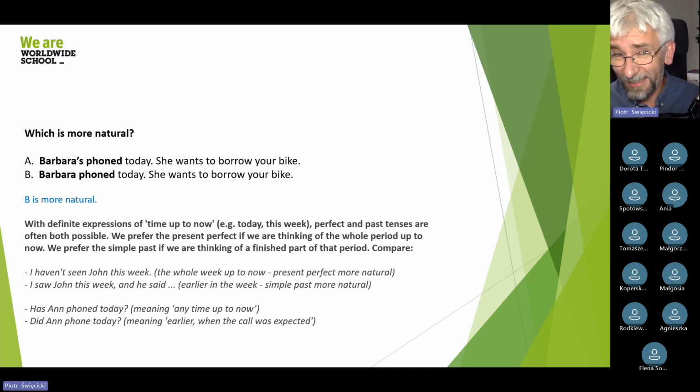So the difference is, if I'm correct, present perfect in the first sentence and simple past in the second. I don't know if you've noticed, but teachers of English have this tendency for promoting present perfect. So maybe A is more natural. What do you think? Barbara's phoned today.